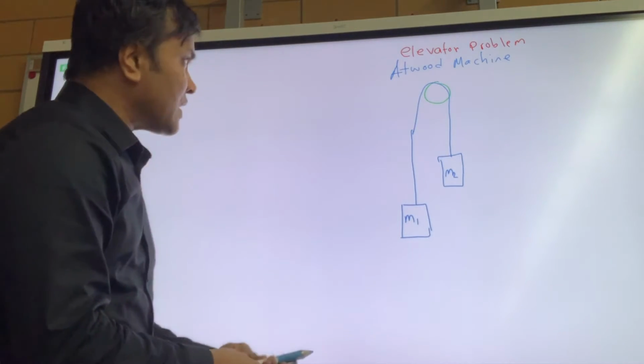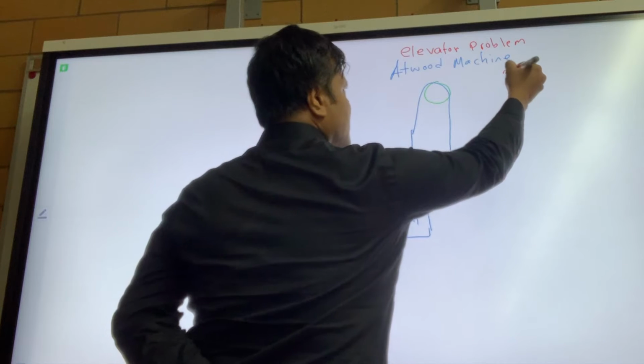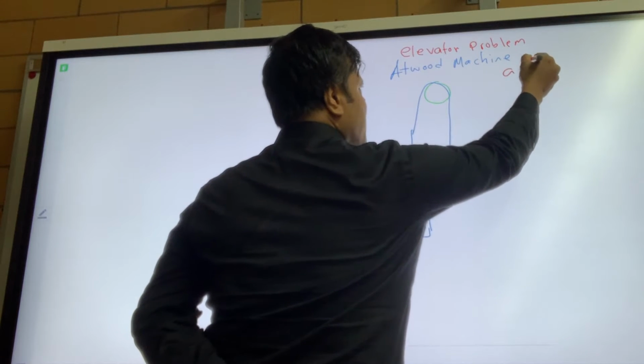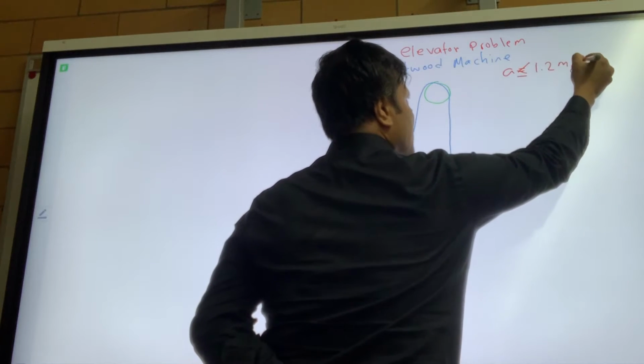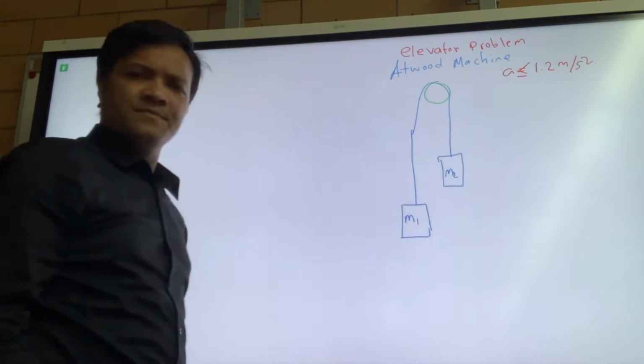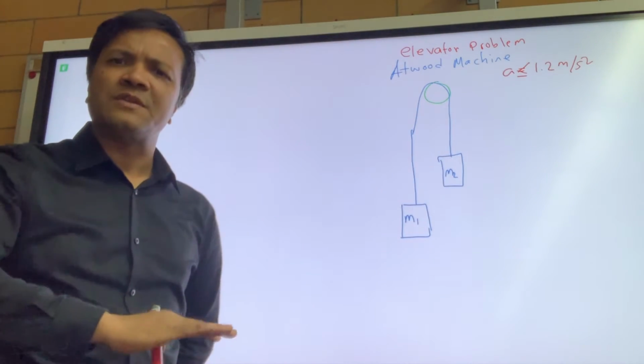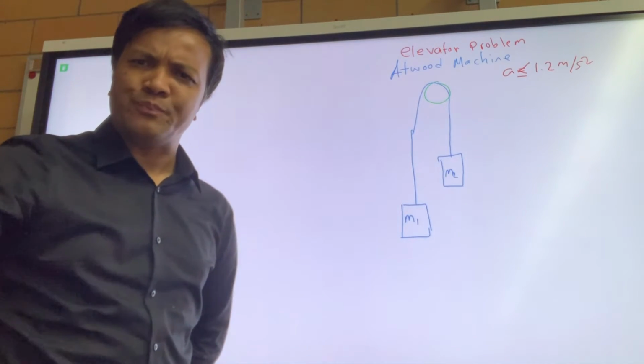So the acceleration must be less than or equal to 1.2 meters per second every second, otherwise the elevator gets shut down.